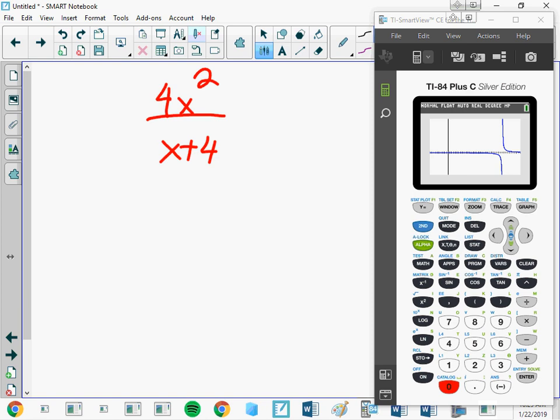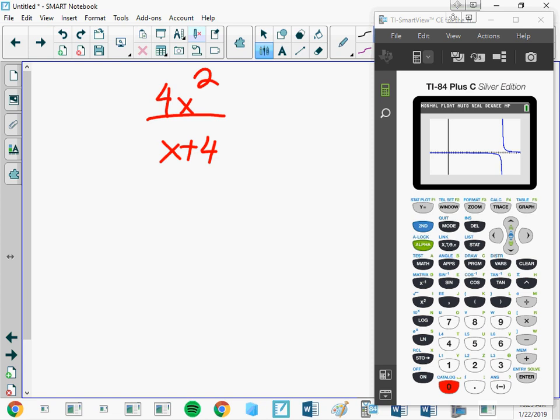What if the top is 3 degrees bigger? Then it's a cubic asymptote. So whenever the top is 1 exponent bigger, 1 degree bigger than the bottom, you have a slant. How do we find the equation of the slant? It's really easy, and you've forgotten how to do it. You do long division.